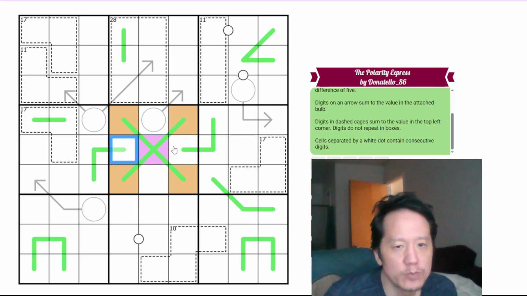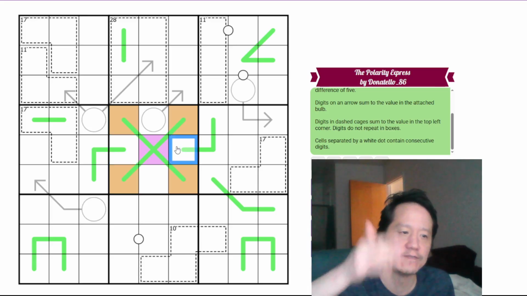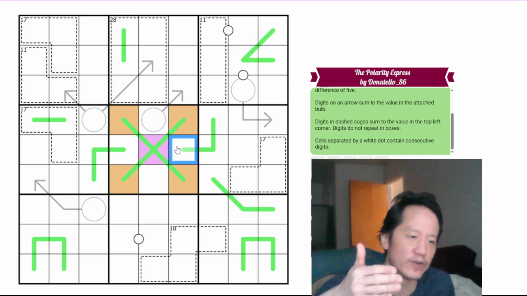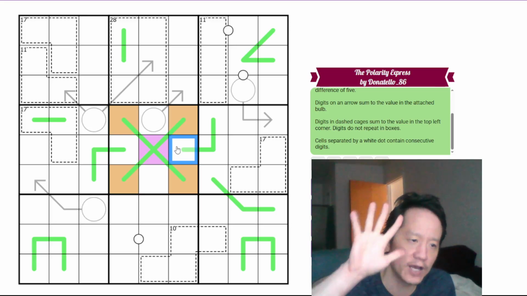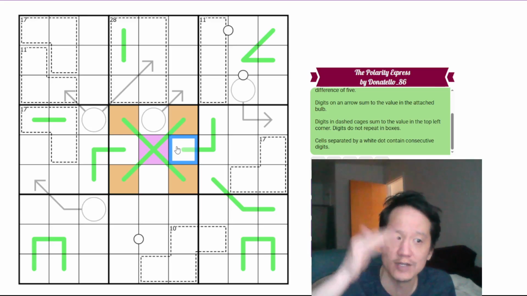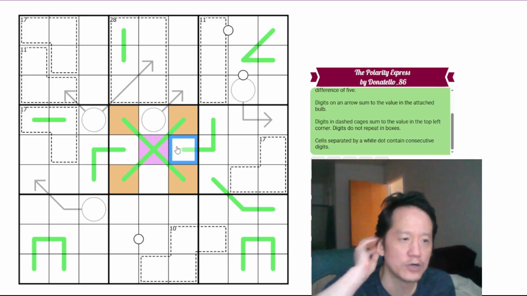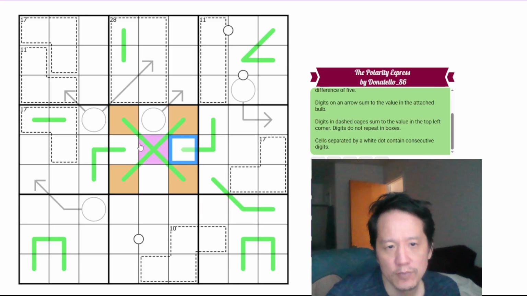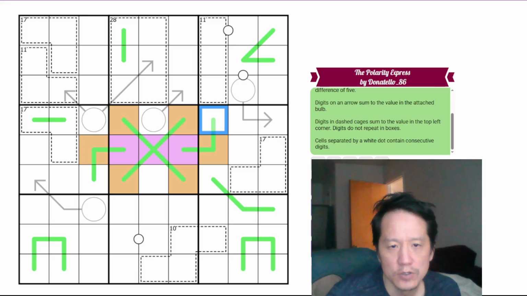And if you're on a German whisper line, you can never have a 5, because if you subtract 5 or more from 5, you get 0 or less. If you add 5 or more to 5, you get 10 or more. And none of those are a normal Sudoku digit. So these must be pink, which makes these orange, because the oranges must be next to the pink cells, and the pink cells must be next to the orange cells on the German whisper line.